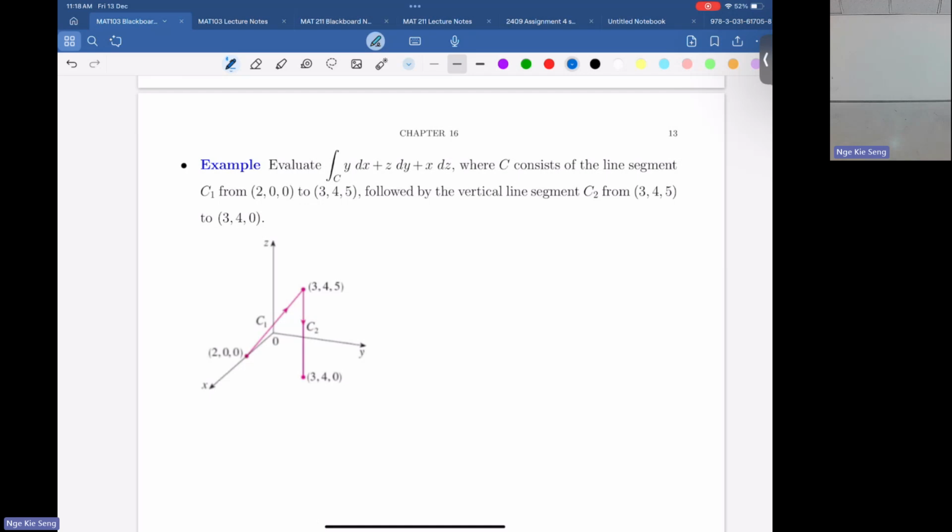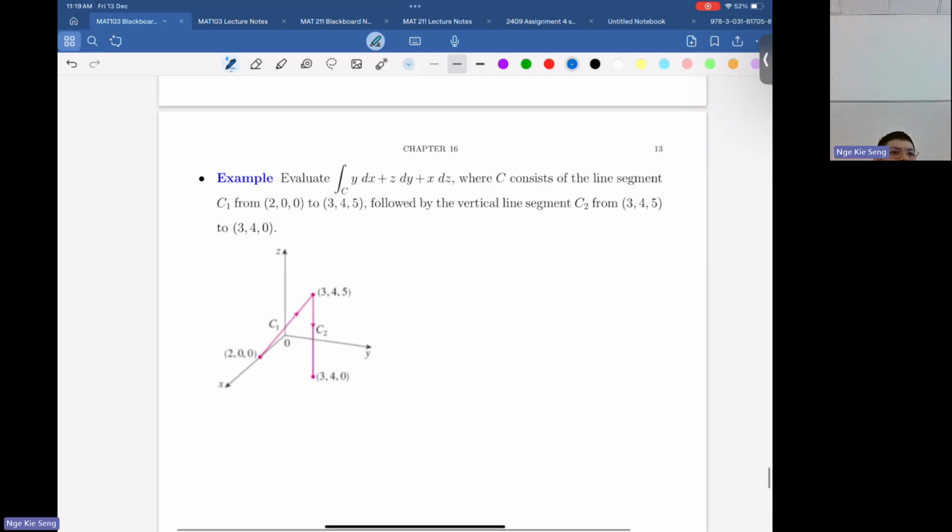Point plus a direction vector. Otherwise, you need to make a few equations of it. Okay, any questions so far? Okay, we leave this as an exercise. You can go back and try.